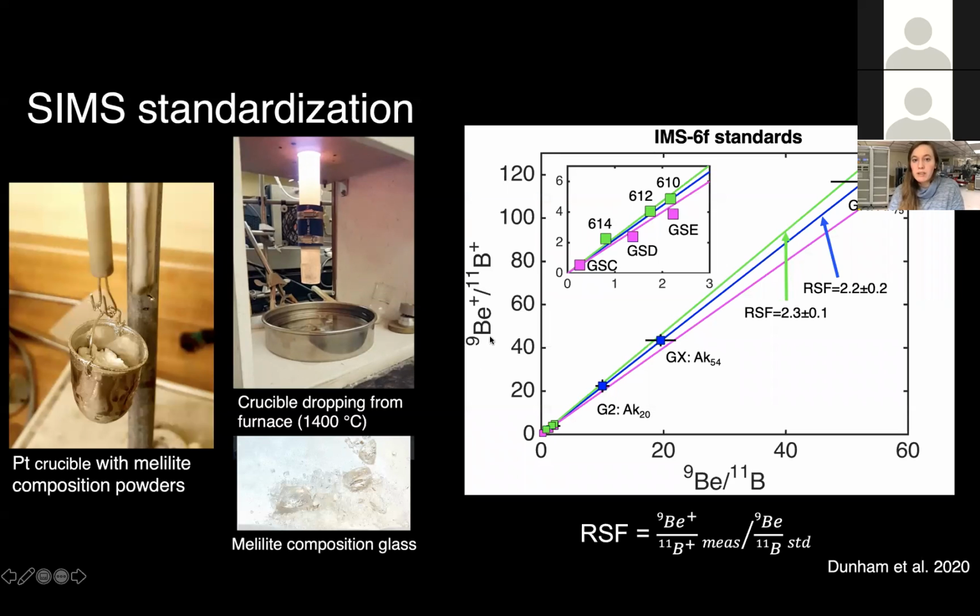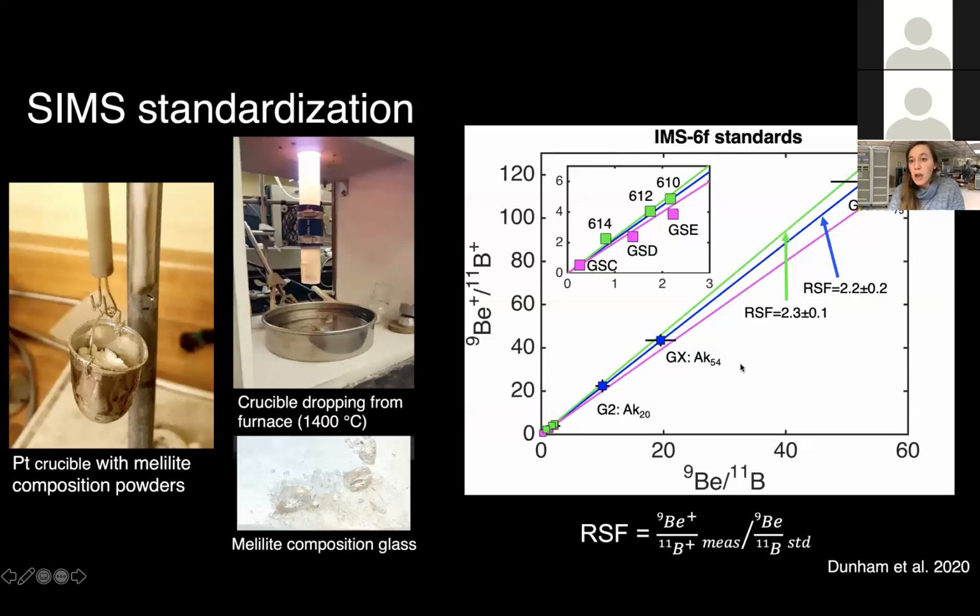So this here is the beryllium to boron ion ratio from the SIMS, whereas this is the beryllium to boron ratio that is the known ratio of the standards. These down here are the common standards, and the blue ones are the 3 that I made using this furnace.